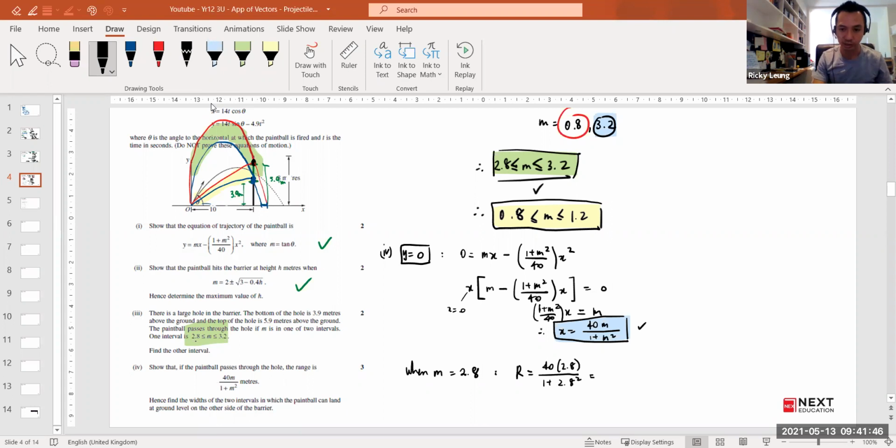Now if I punch that quickly in my calculator, 40 times 2.8 divided by 1 plus 2.8 squared, I get 12.7-ish. So 12.7 meters. Similarly, when m equals the upper range, 3.2, right?